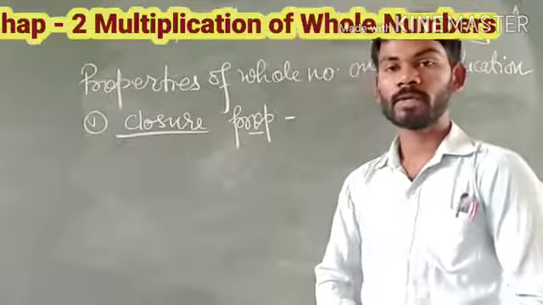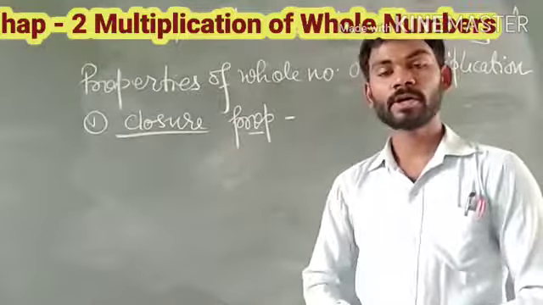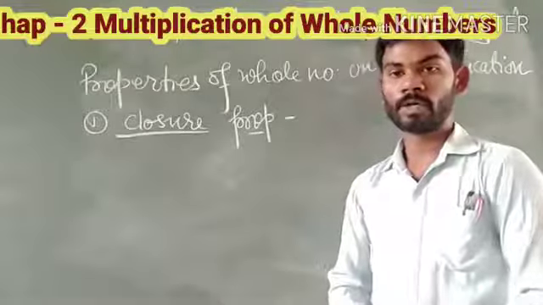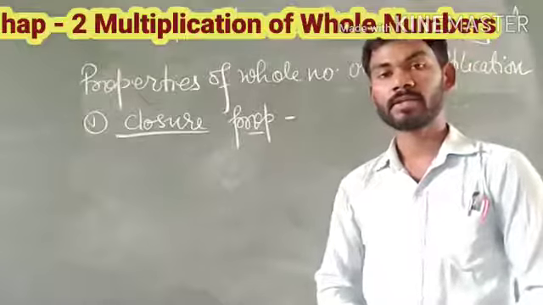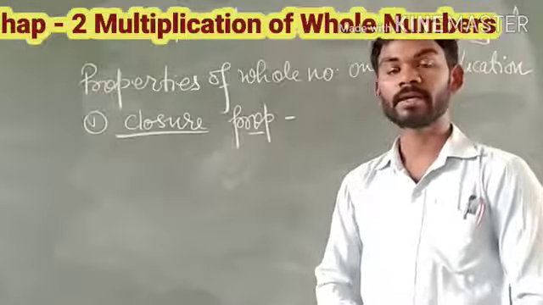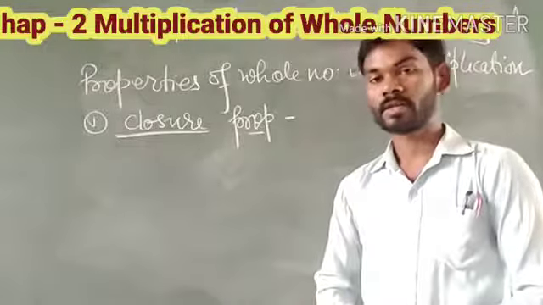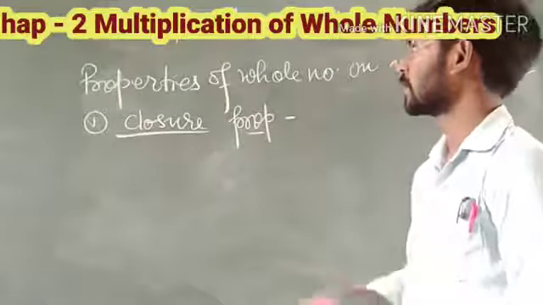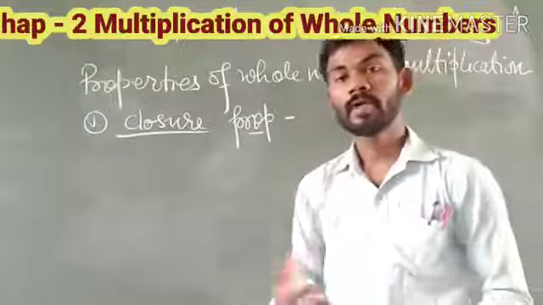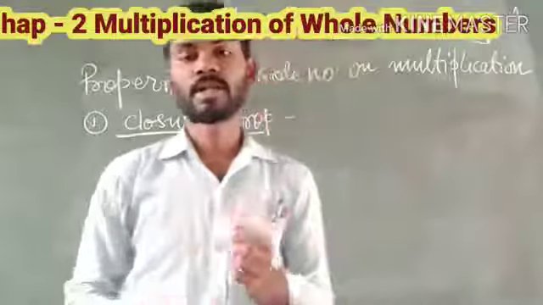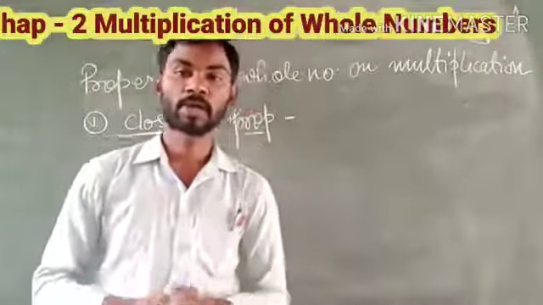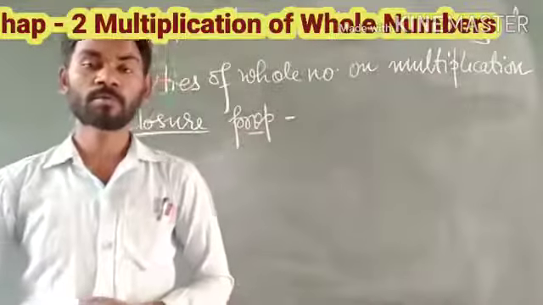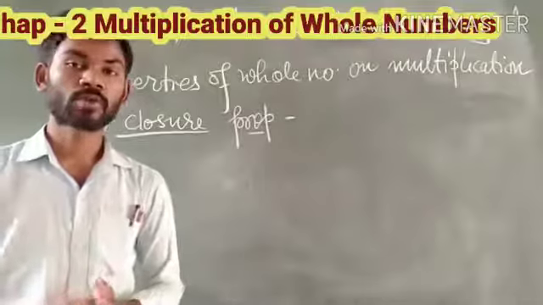If that new number is again the member of the same family, that is the member of the whole number, then we say that the whole number satisfies closure property under that operation. Since here we are discussing the operation of multiplication, we shall operate with multiplication in order to prove the property of closure.